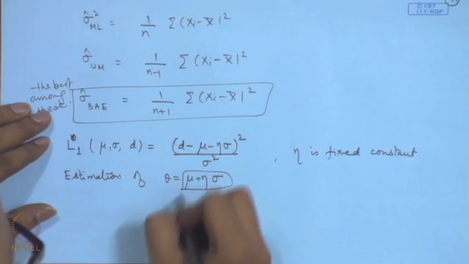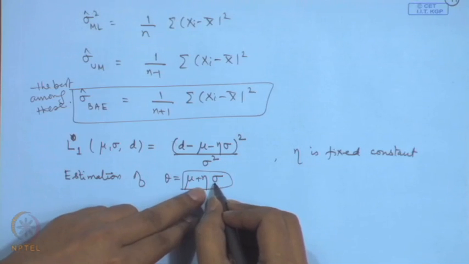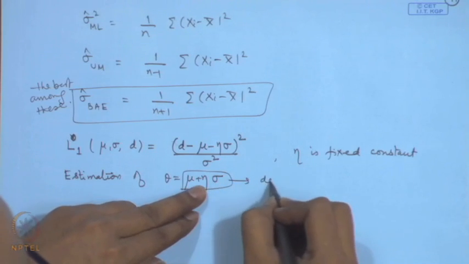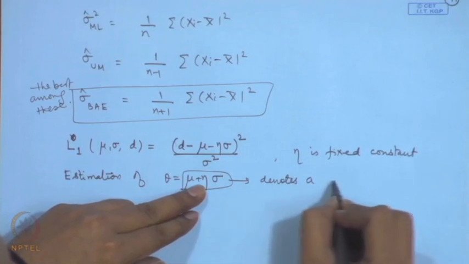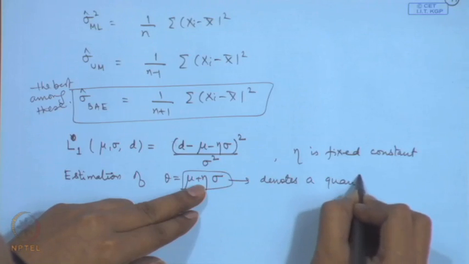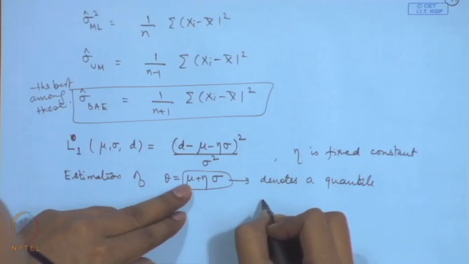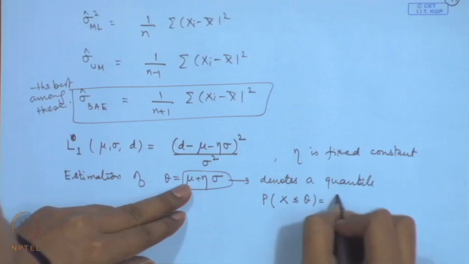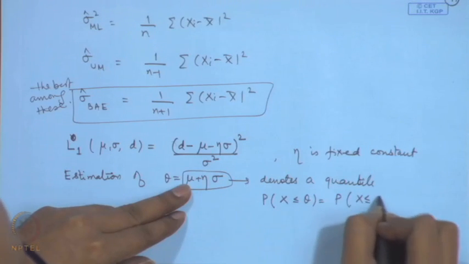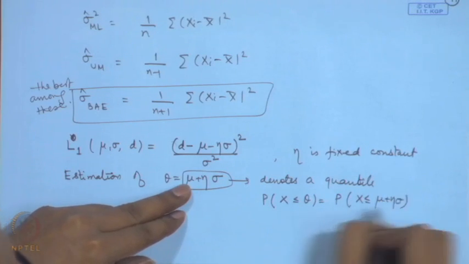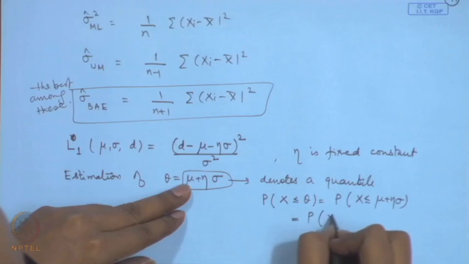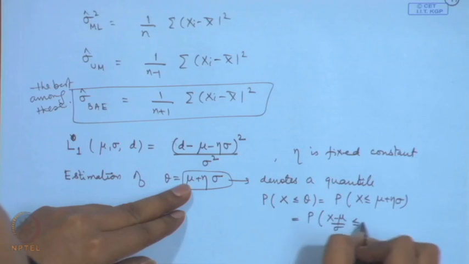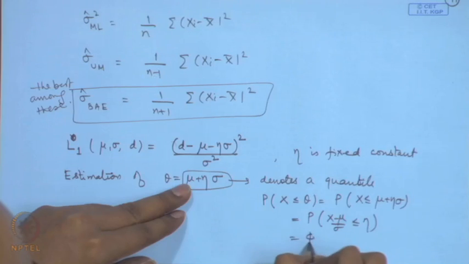See, in the case of normal distribution, mu plus eta sigma denotes a quantile, because here if I consider probability of x less than or equal to theta, that is probability of x less than or equal to mu plus eta sigma, that is equal to probability of x minus mu by sigma less than or equal to eta, that is equal to phi of eta, where phi is the standard normal CDF.